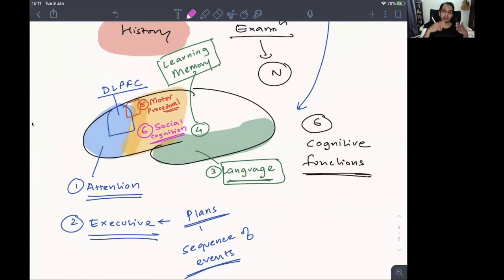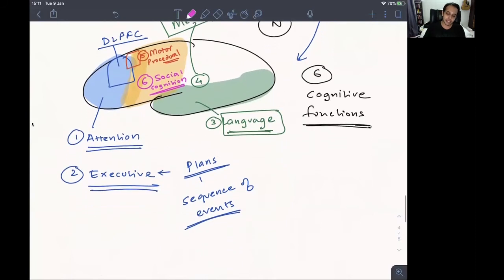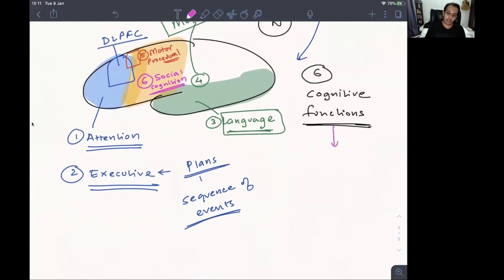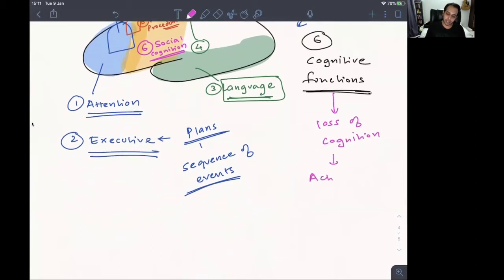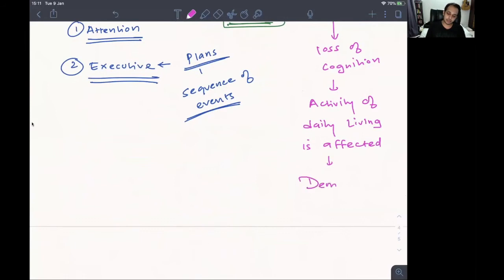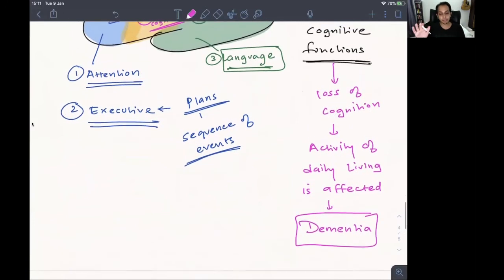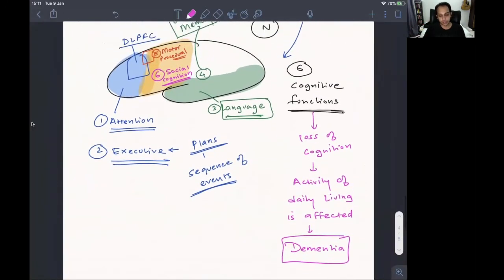Okay, so the end result is that you will not be able to make chai properly, which means that because of your loss of cognition, your activity of daily living is affected, and this is dementia. Okay, so again, let's go through it.